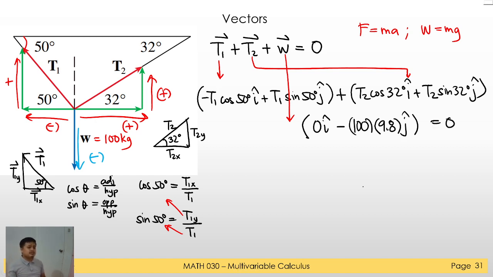Adding these vectors, simplifying, and then equating to 0, we could probably solve for T1 and T2.